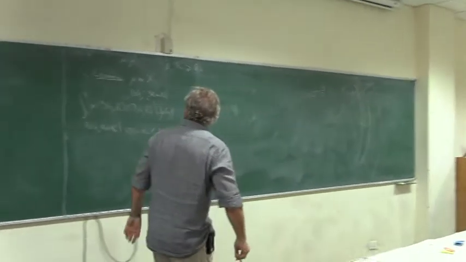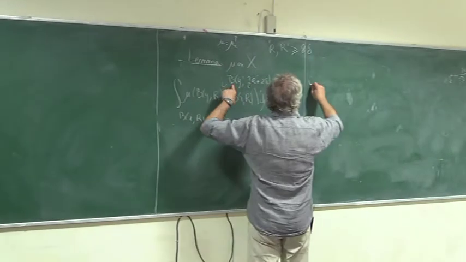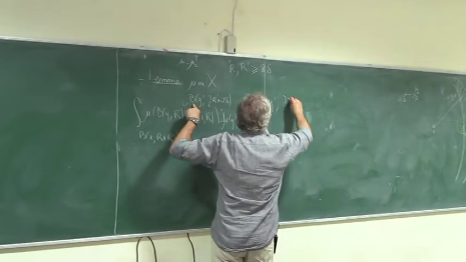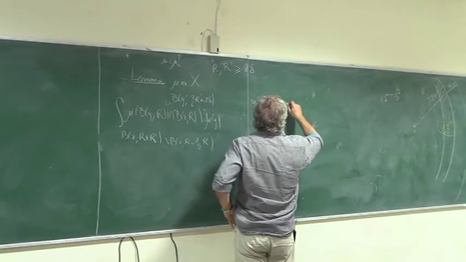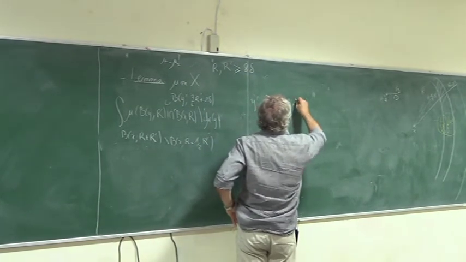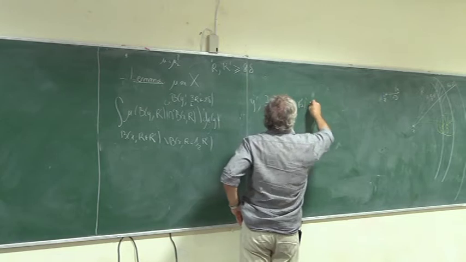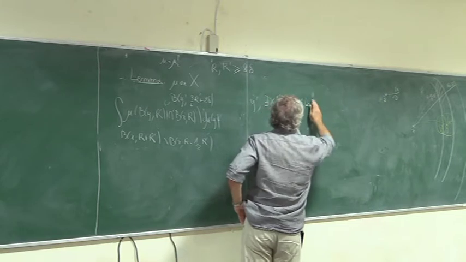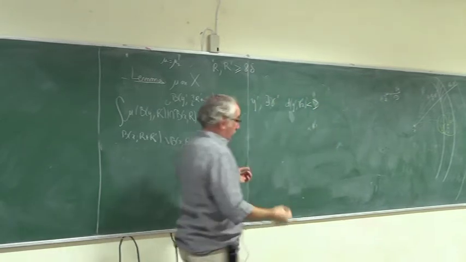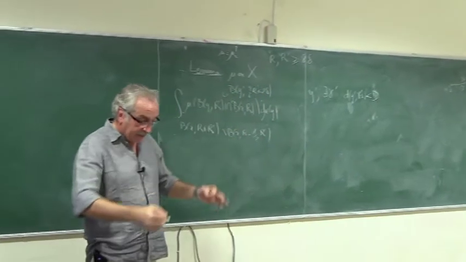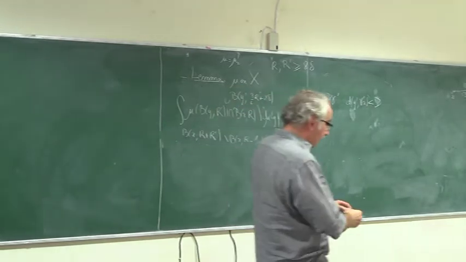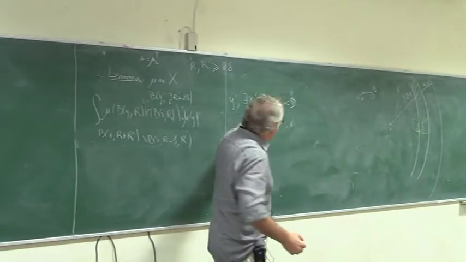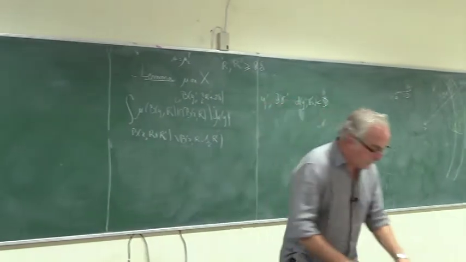Right. So in particular, for this y prime, there exists an element gamma prime so that the distance between y prime and gamma prime x is less than d. Well, it's obvious because if you project y prime and x onto the quotient, the projections are at a distance less than d, which is exactly translated here.